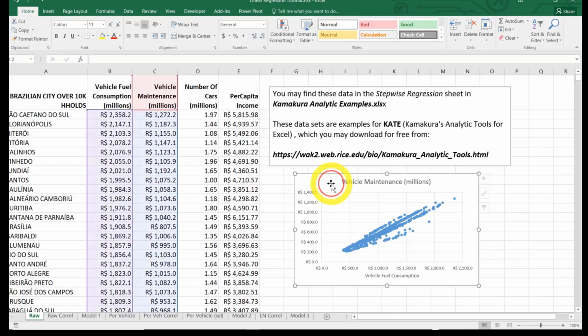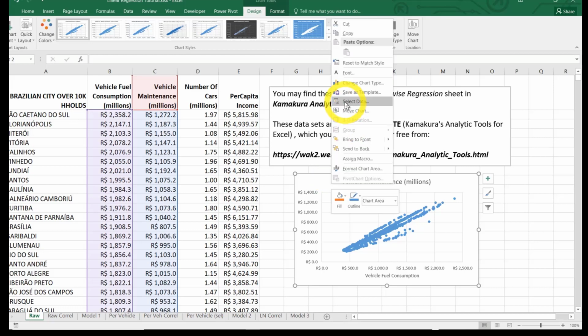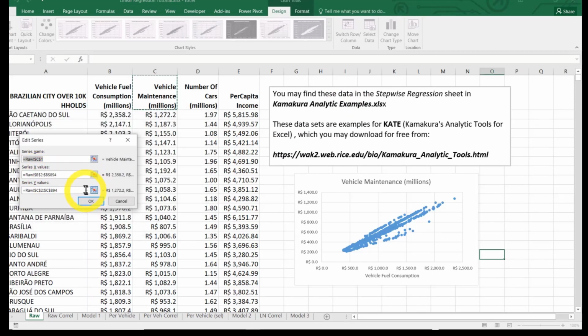Let's see if there is any relationship between the number of cars and fuel consumption. And I'm going to do this by changing the data on the vertical axis. So now I'm going to plot number of cars on the vertical axis.